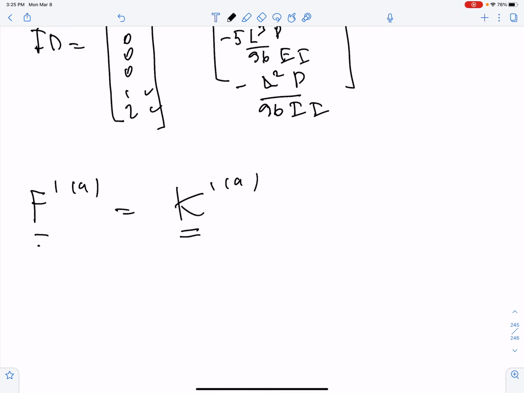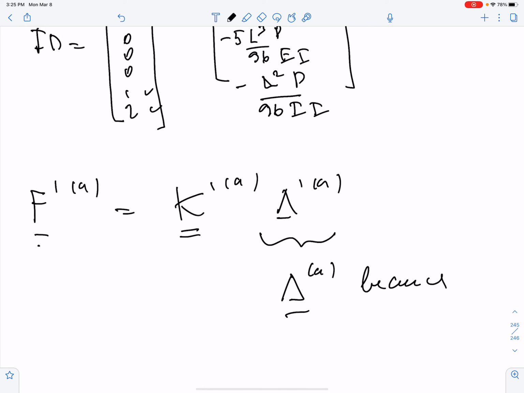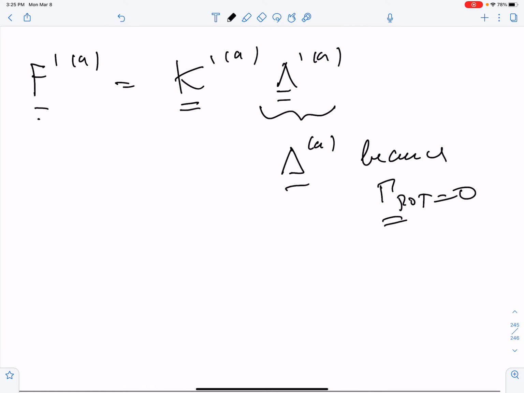And remember, delta prime A in this case is the same as delta A because gamma ROT exactly equals 0.